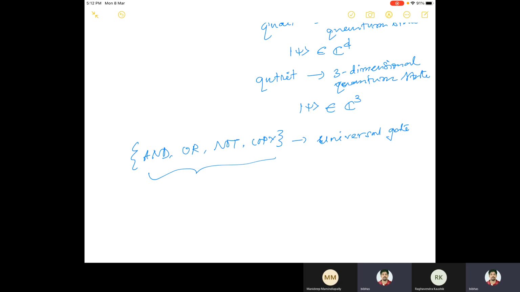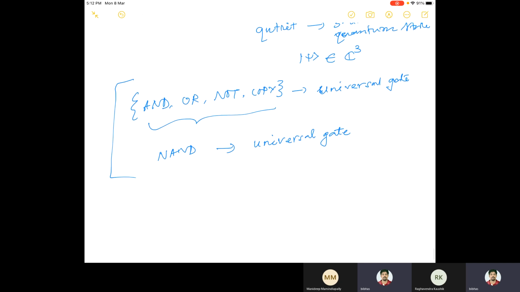I also said that when a gate is universal, this applies to a set, and then to an individual gate. For example, the NAND gate is a universal gate, because other operations can be implemented using the NAND gate. I think this is the confusion we had last week.